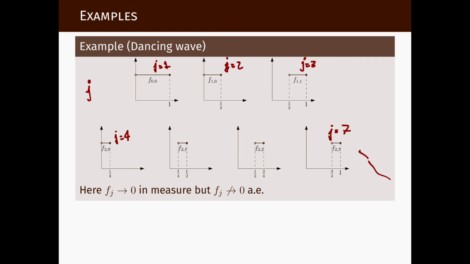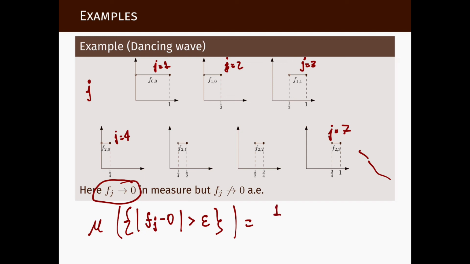And the point of this is to say this sequence f_j converges to 0 in measure. And why is that? Well, because if we look at the measure of the set where f_j minus 0 is larger than epsilon, it will be 1 over 2 to the n.